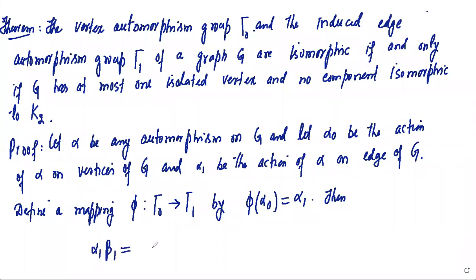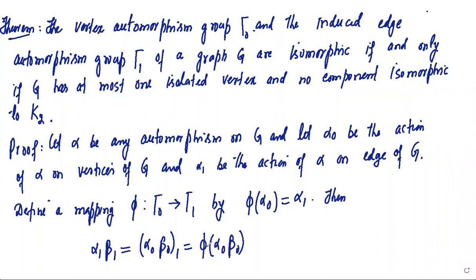Now this is the image of alpha 0, beta 0, which is the edge action of the combination of these two automorphisms, alpha 0 and beta 0. Now by definition, this is pi of alpha 0, beta 0.